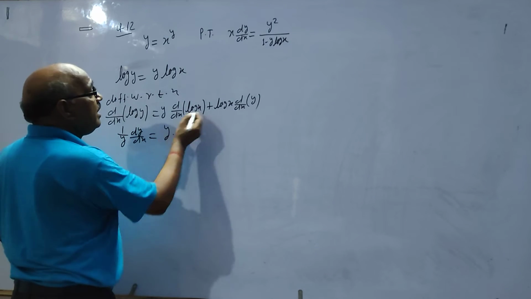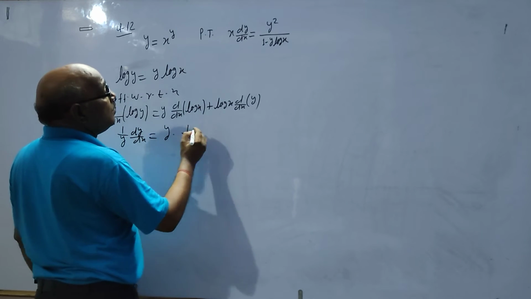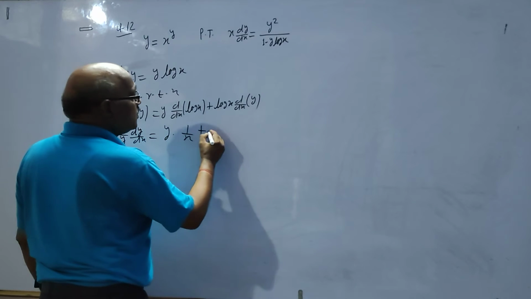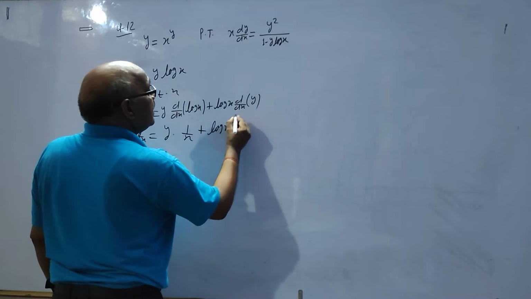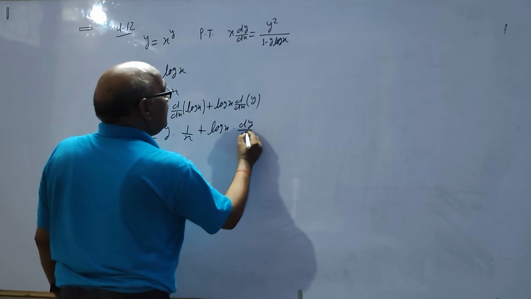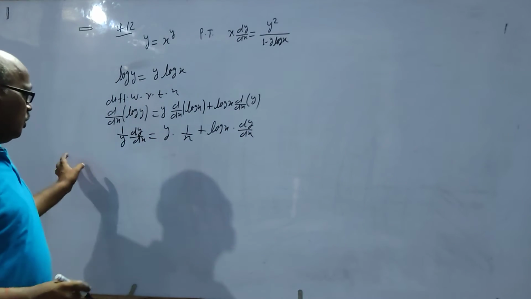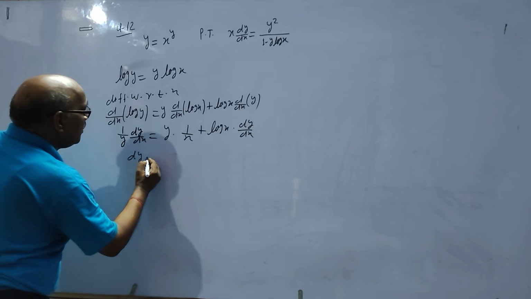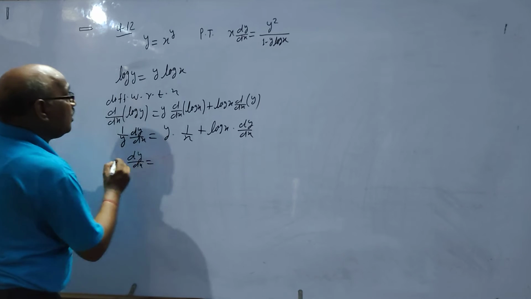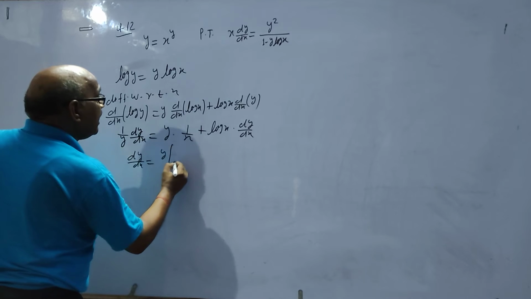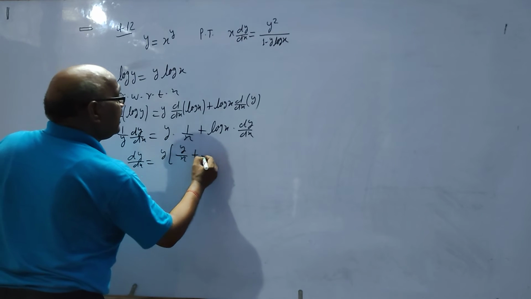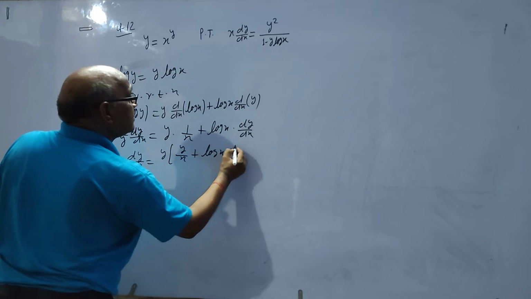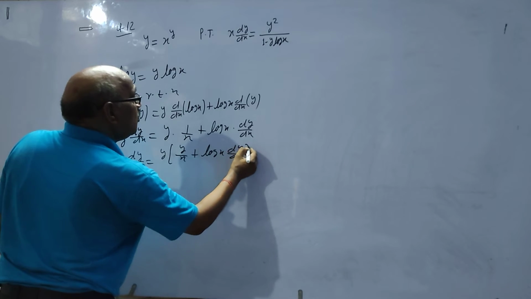This is y, and the differentiation of log x is 1 upon x, plus log of x, and the differentiation of y is dy over dx. Now use cross multiplication, therefore dy over dx is equal to y times y upon x plus log x into dy over dx.